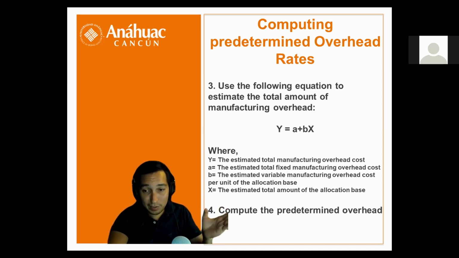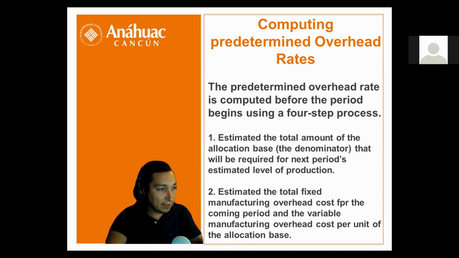What they are telling us here is that the predetermined overhead rate is computed before the period begins. We know that. They are suggesting this 4-step process. Here you just have the third and fourth.